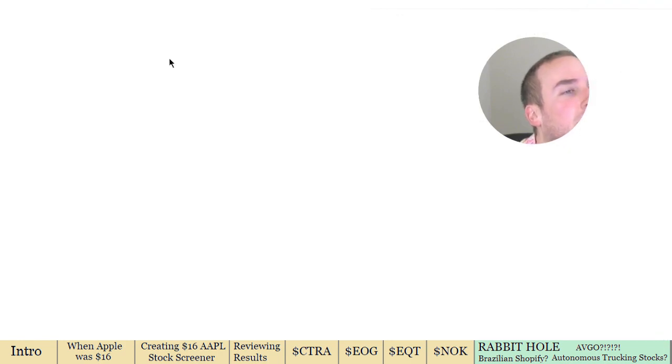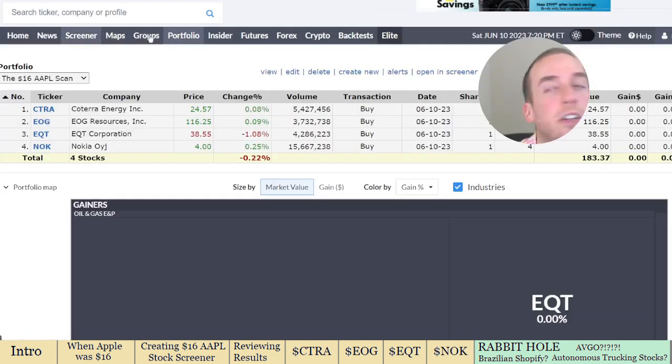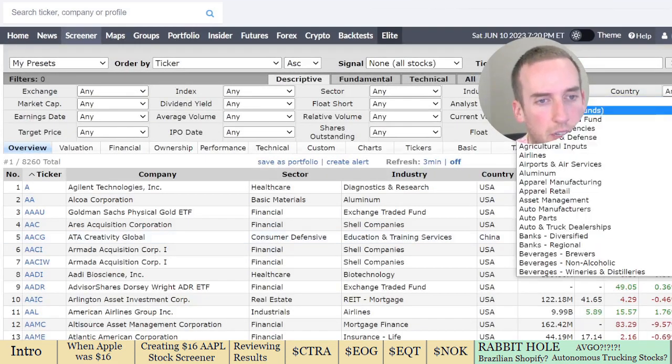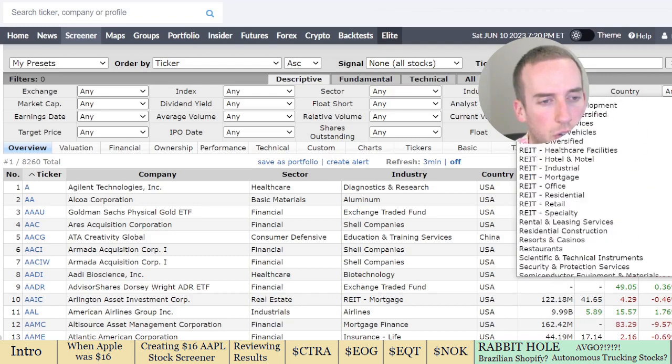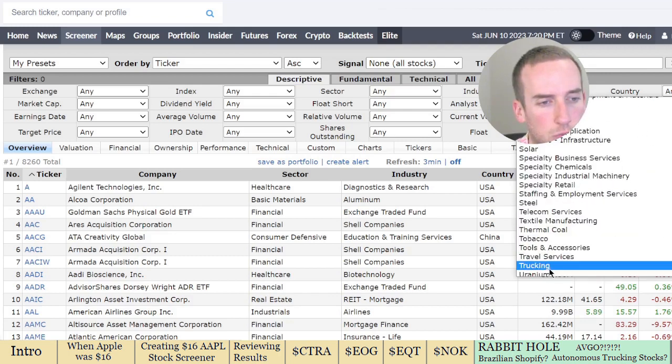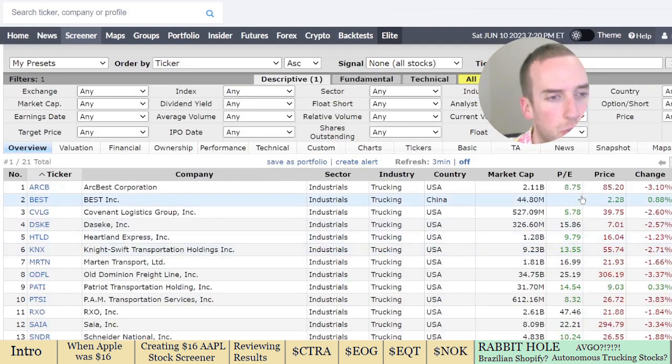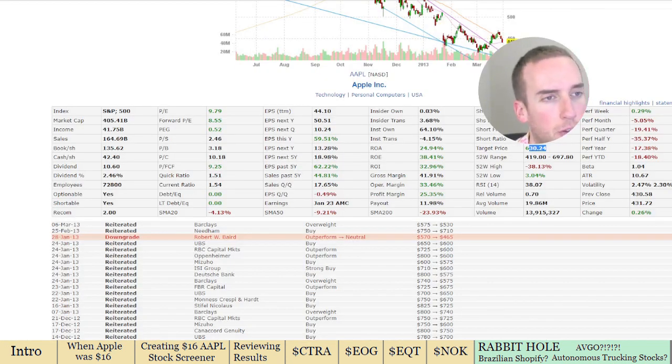Let me see. Let's go to screener. Is there any trucking industries bringing in 100 billion? Trucking, with market cap over 100 billion.